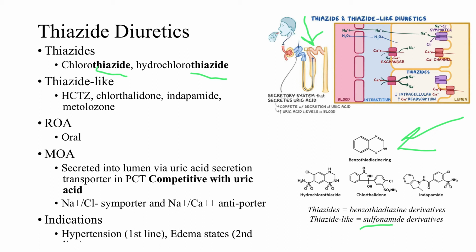The secretory transporter by which thiazide diuretics enter the DCT is a uric acid transporter. One thing to keep in mind about these medications is that this drug class is competitive with uric acid for movement through that transporter into the tubule.